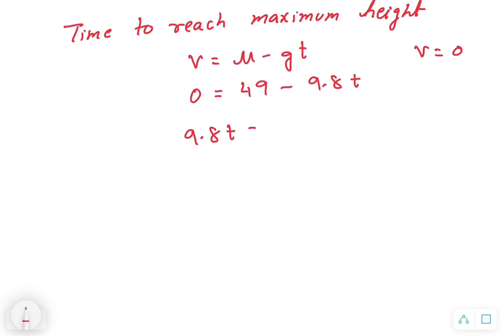So 9.8 t is equal to 49. Therefore t would be 49 by 9.8, which gives you 5 seconds.